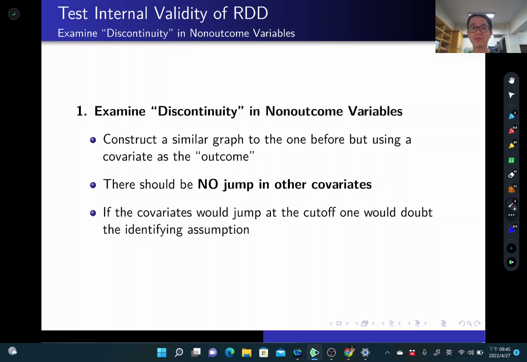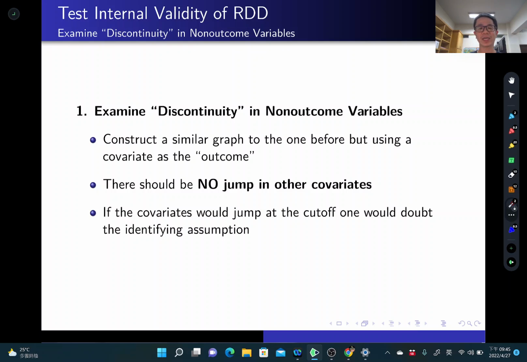And you can try to verify this by using the RD, but you just replace your outcome variable with the other covariates and run the same RD estimation to see whether there's any discontinuity for these covariates.